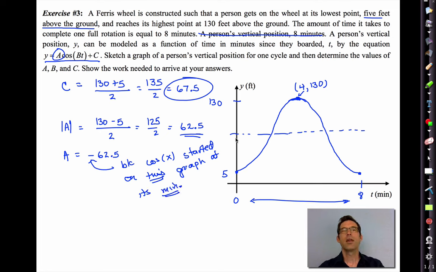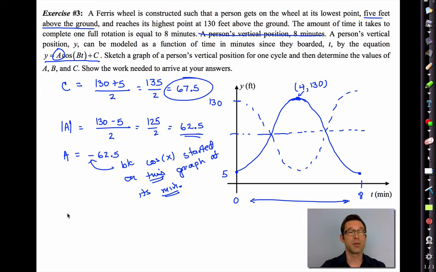All right. In other words, had it started up here and gone like this, if this was a really fun ride and we got on at the top, well, then the A would have been 62.5. But because we started at a minimum, it has to be negative 62.5.